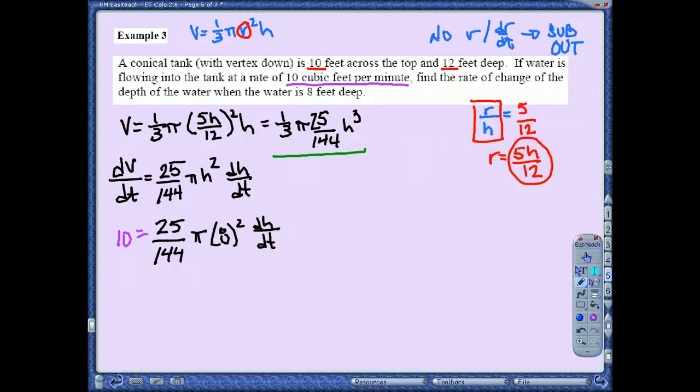Well, when I plug all that in and I divide by my 25 divided by 144 pi times 64, that's going to leave me with 9 over 10 pi. Once you simplify, it's dh over dt, so the units on your height are feet, the units of time are minutes. And you can plug it in your calculator. Just leave your pi out of it until the very end.